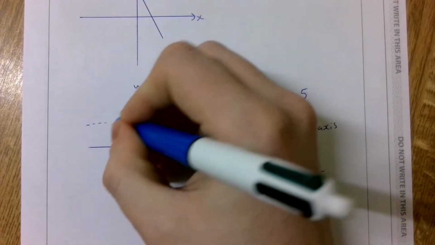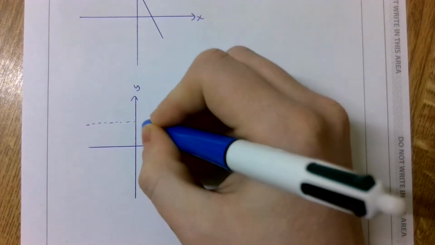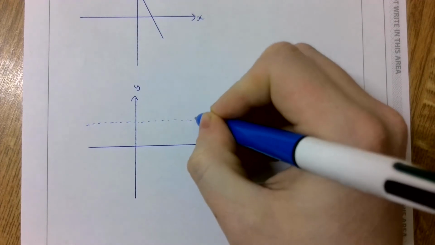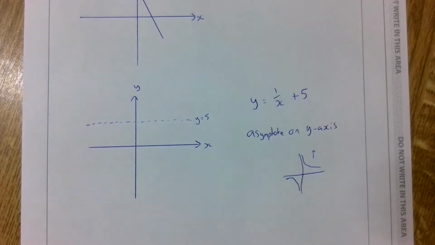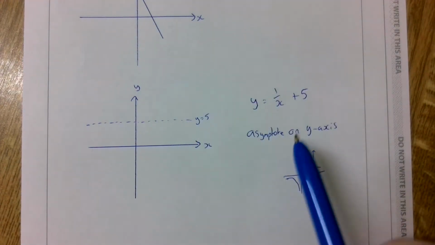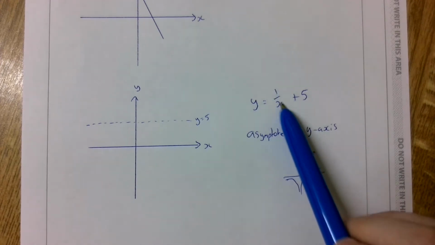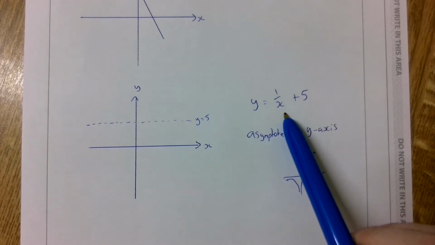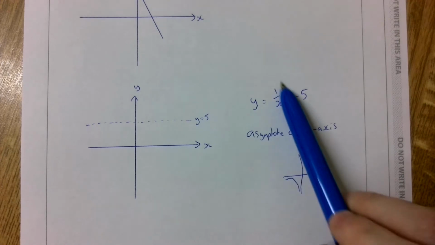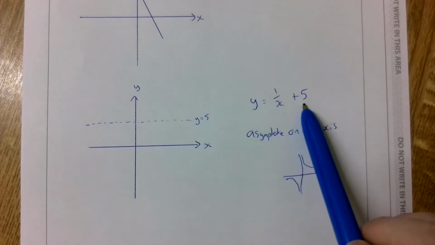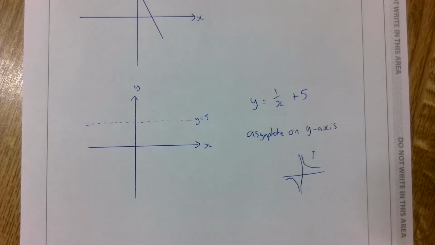So we cannot get an answer of y equals 5. Looking at the equation, we should be able to see that if you take 1 and divide it by any number, no matter how large, it's always going to have a value. So you can get very close to 5, but you'll never get there. So this idea of an asymptote at y equals 5 should make sense from our graph.